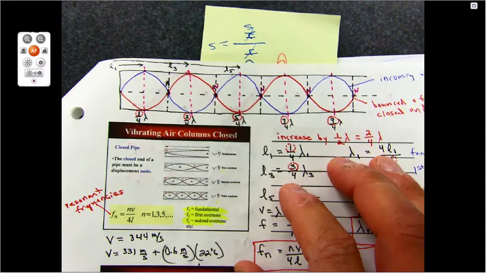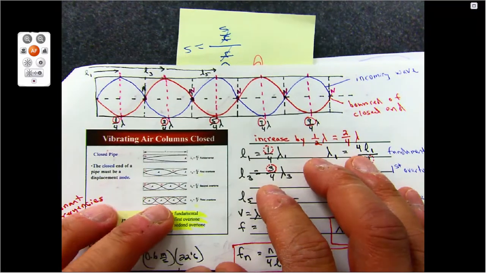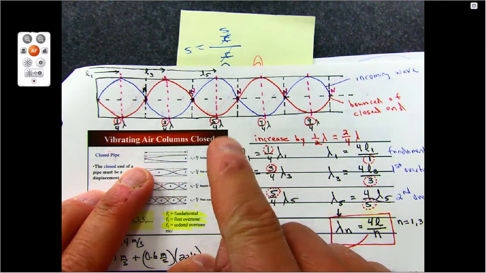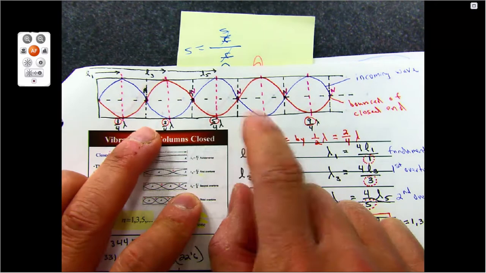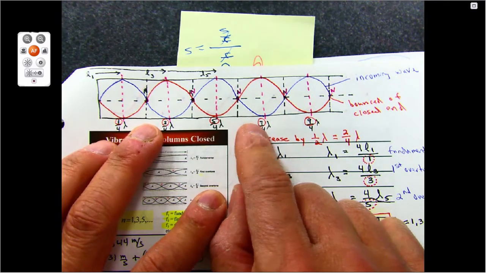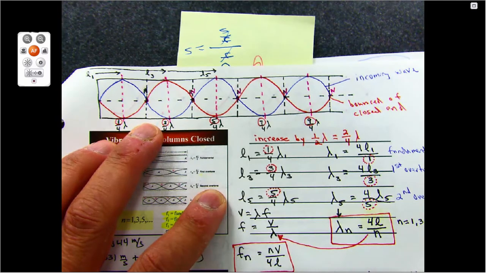Let me show you what I have done. Okay? This is what happens. This has to have constructive interference in this. This will make sense now. Remember I did that standing wave with the surgical tubing, right? So here's what happens.